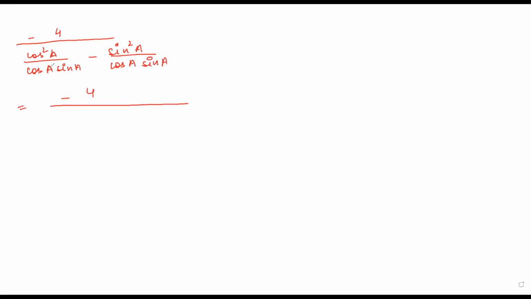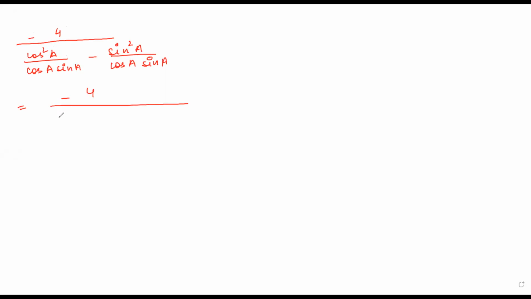Okay, let me write here. So in the numerator, basically I was left with only -4. And then I was having cos square A minus sin square A, right? So I'm just splitting it. So cos square A divided by cos A sin A minus sin square A also divided by cos A sin A. So I get -4 divided by, so cos is cancelled.